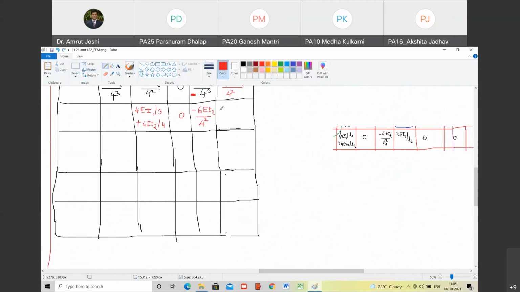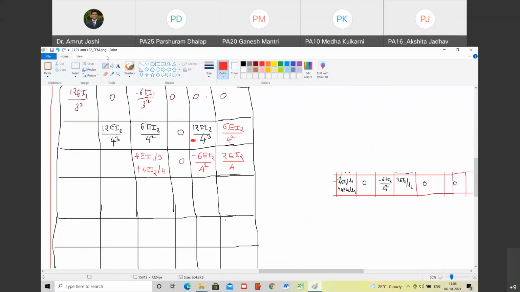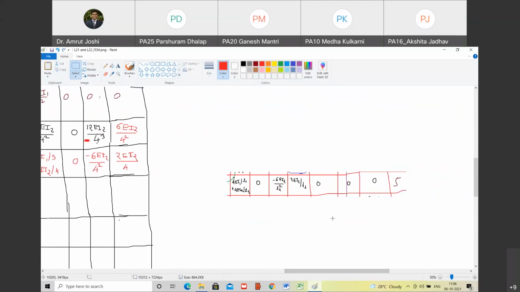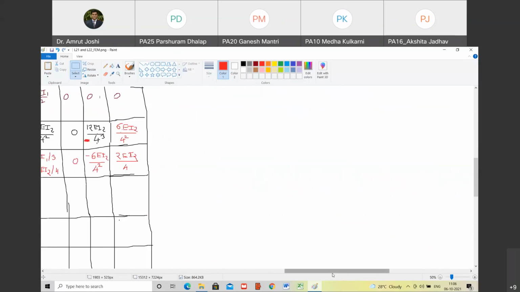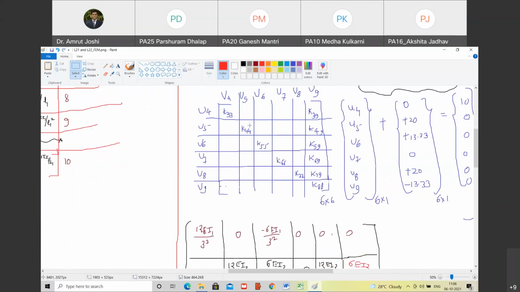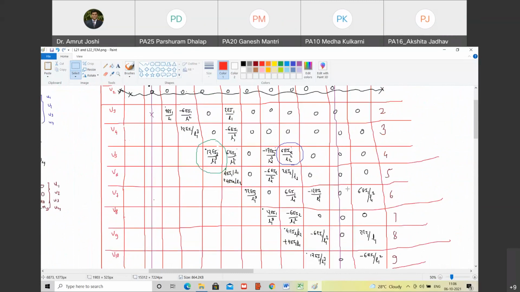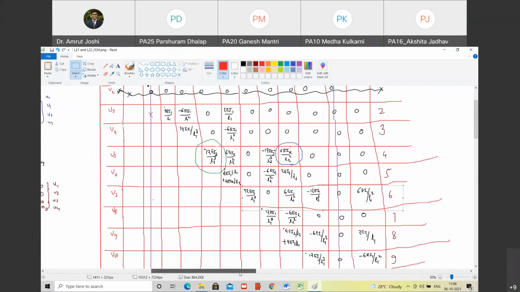So 2 EI2 by L2, that is 4. Happy? Yes, sir. Now is it correct? Yes, sir. So this was about the fifth row, that is K55. Now the K66 row. So where is the K66 row? I have to take this. Happy?